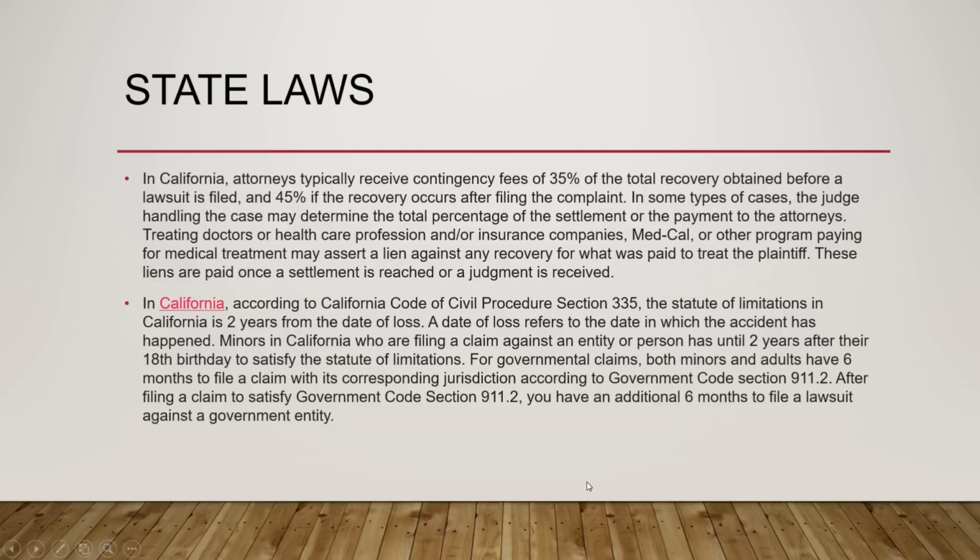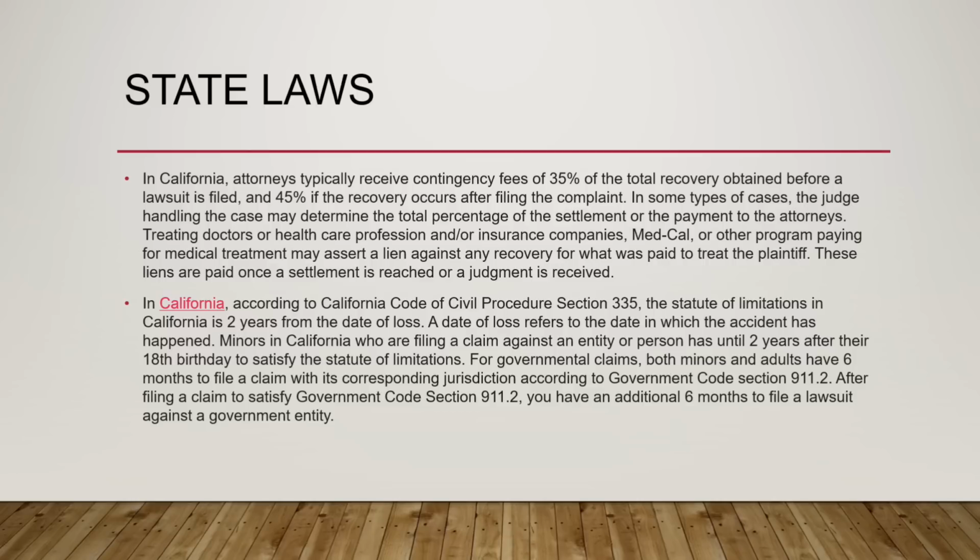Treating doctors or healthcare professionals, insurance companies, or other programs paying for medical treatment may assert a lien against any recovery for what was paid to treat the plaintiff. These liens are paid once the settlement is reached or judgment is received.